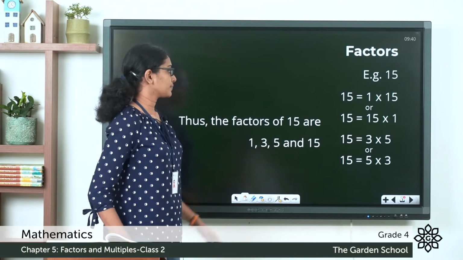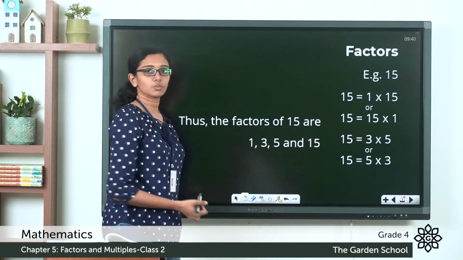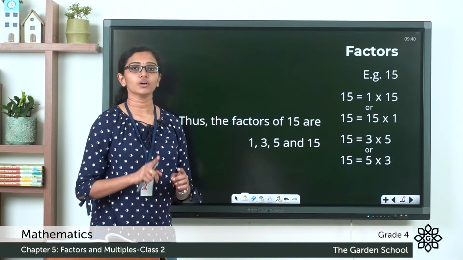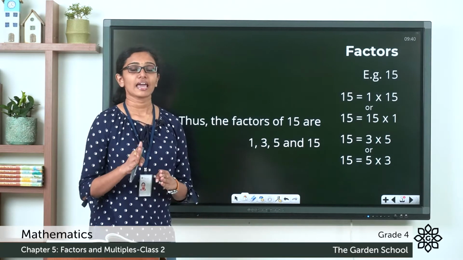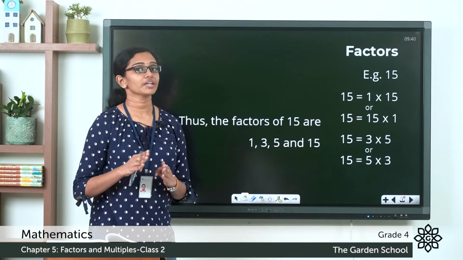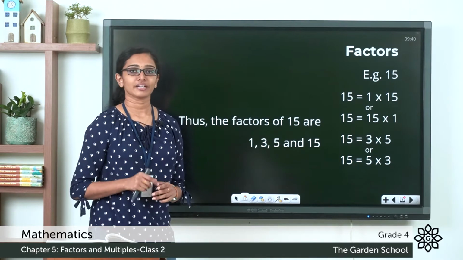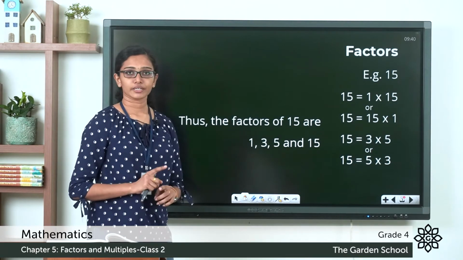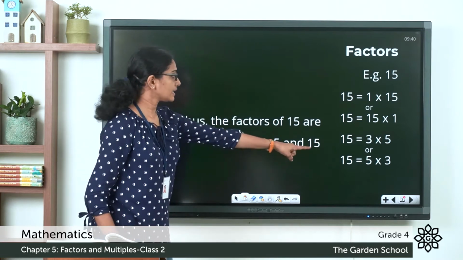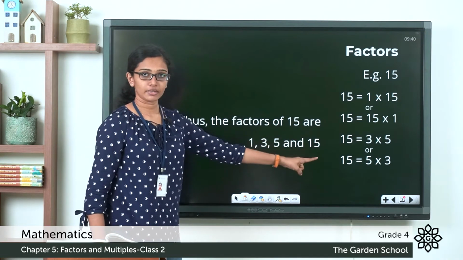So, look here. Here we have a factor 1. 1 is a factor for all the numbers. Why? Any number multiplied or divided by 1 gives the number itself, right? So, 1 is a factor for all the numbers. And here we have 15, the number itself.